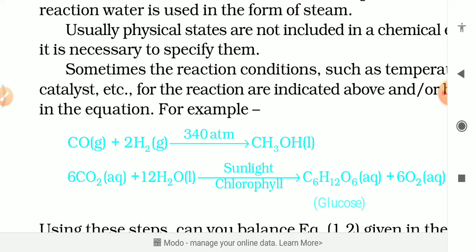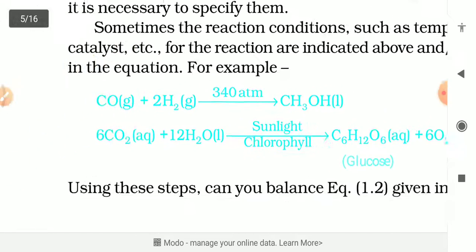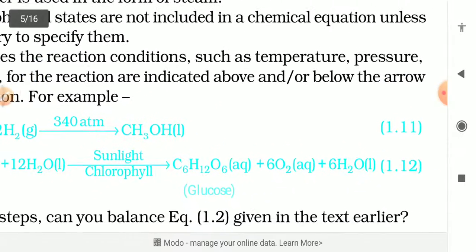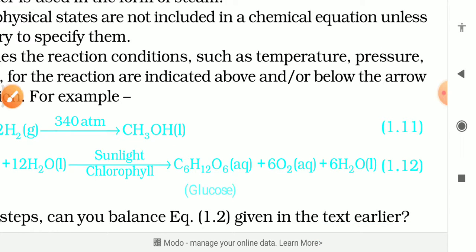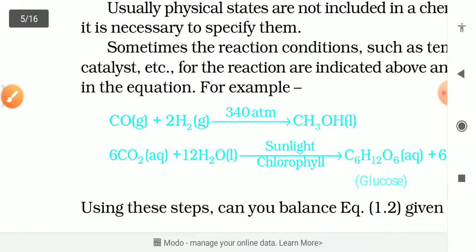Now, by indicating the heat changes, some conditions are given here such as temperature, which means heat, and pressure. This is very important to write. A catalyst speeds up the reaction.